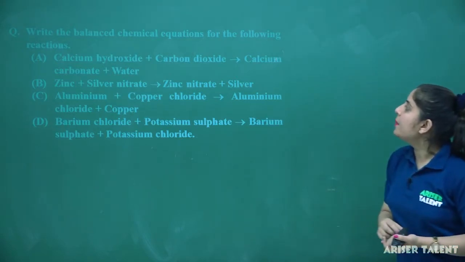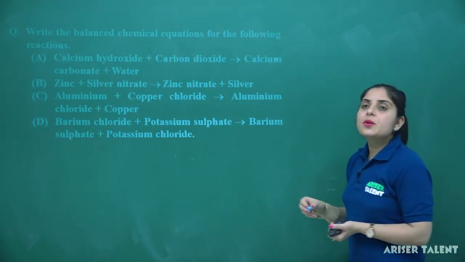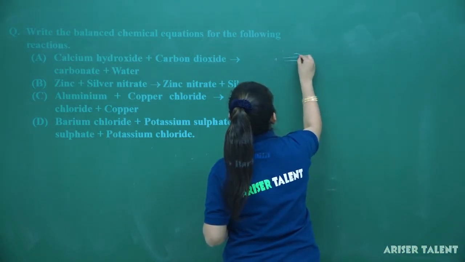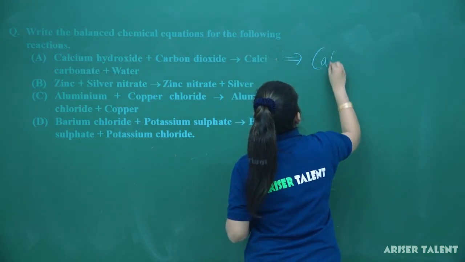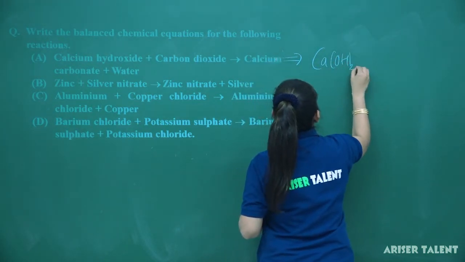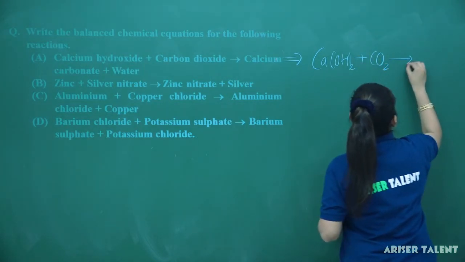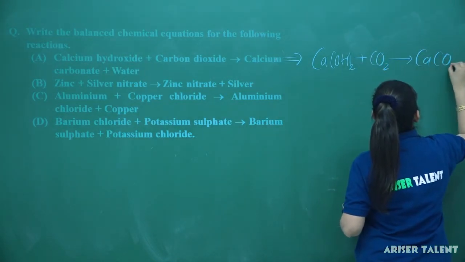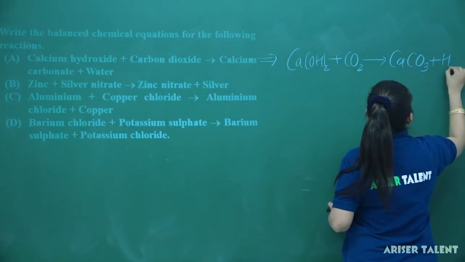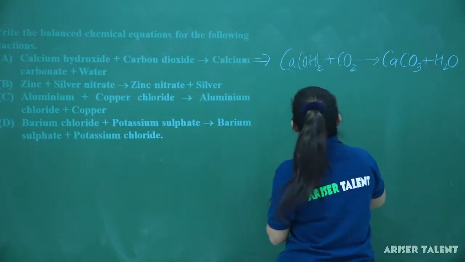Calcium hydroxide plus carbon dioxide gives calcium carbonate and water. Calcium hydroxide plus carbon dioxide gives CaCO3 plus water. Now, look at this equation.